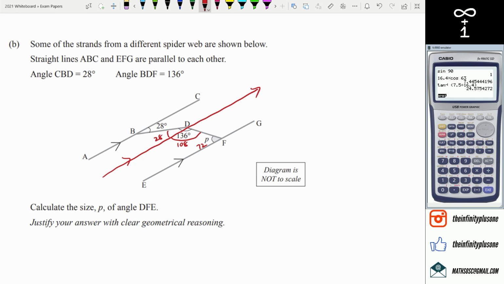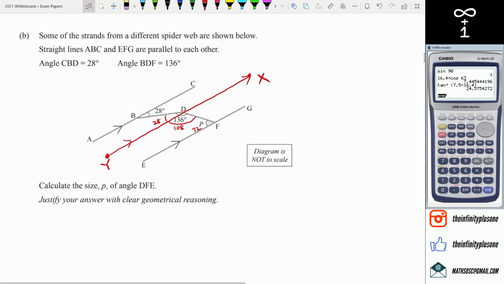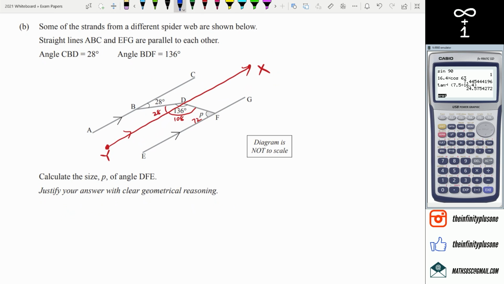So what I'm going to do is create this line, and I'm sticking to the answer schedule so that you guys can have a look at the answer schedule as well, just to see how it makes sense. So that point there is y, that point there is x. And because I've already solved this, it's just a matter of putting everything together. The first angle that I'm going to do is angle BDY, and I'll color the angle so you guys can see where it is.